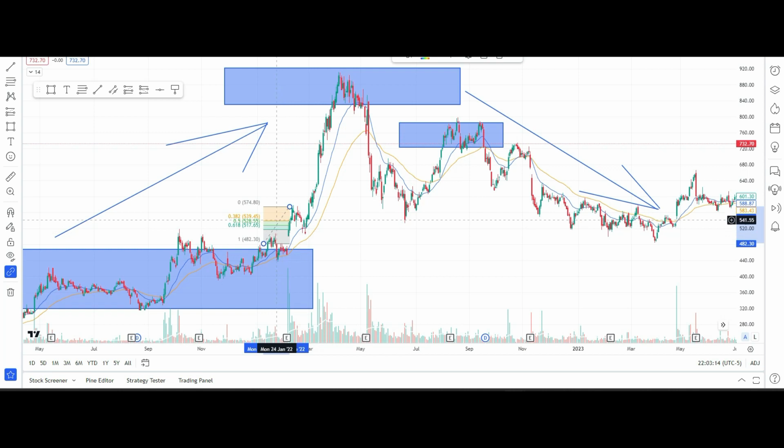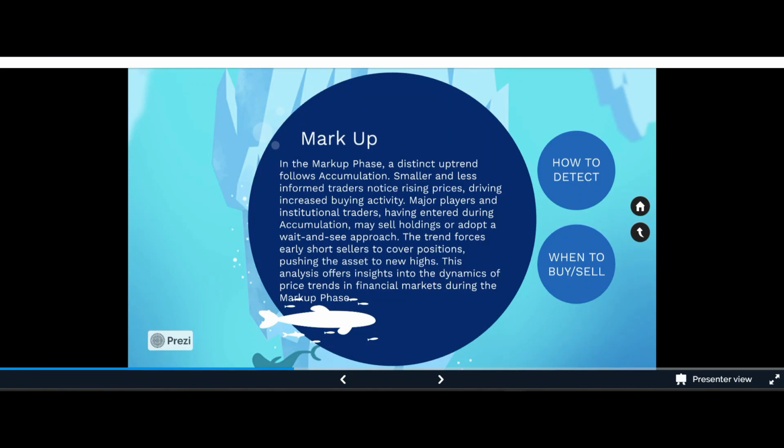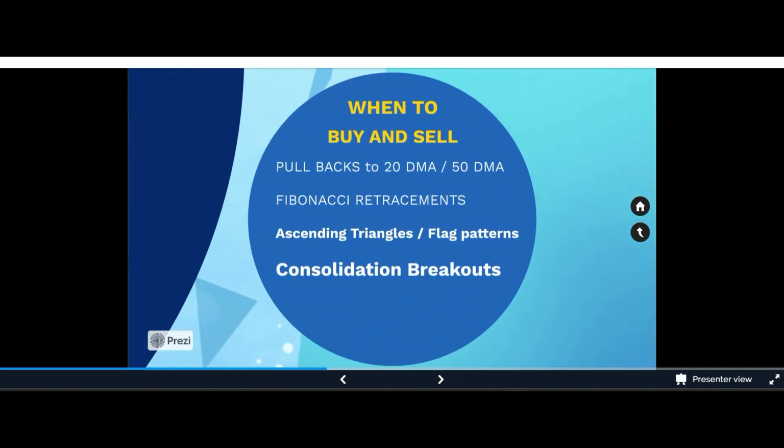So these are the levels, like 0.6 or 0.8. So you have to draw it upside down, of course. So whatever gains have been made during that period, there will be some retracement before it spikes again. So that you can use. Those are the things you can actually use to enter a stock during the markup phase.